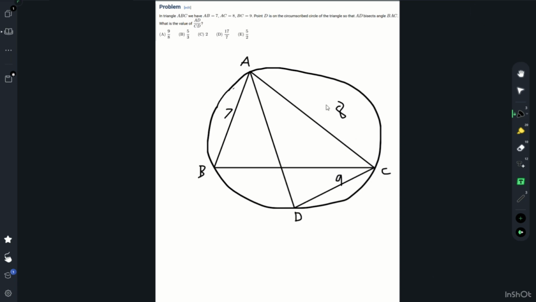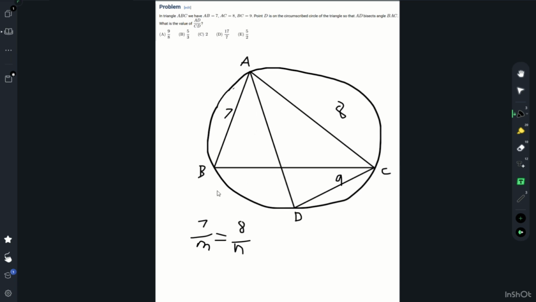So first we can use the angle bisector theorem, which is simply B over M equals C over N. In this case, we have 7 as the B, and C is 8.